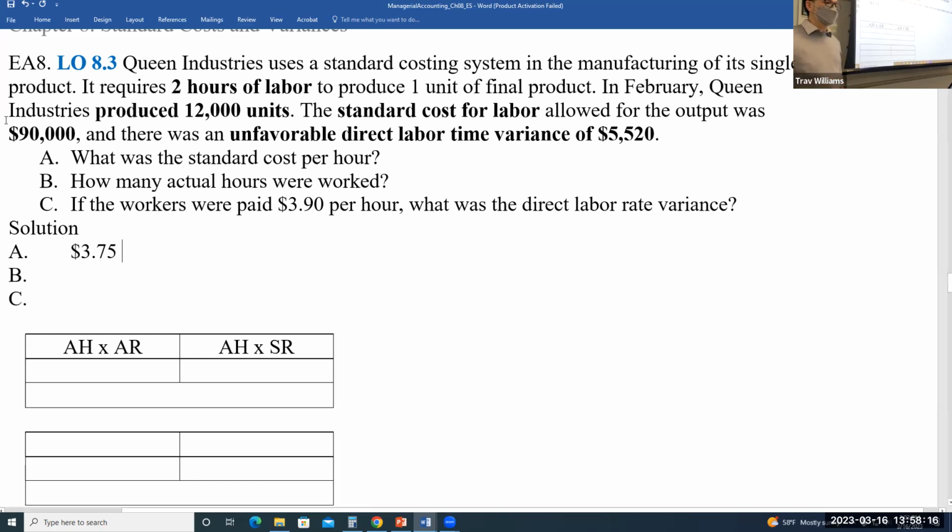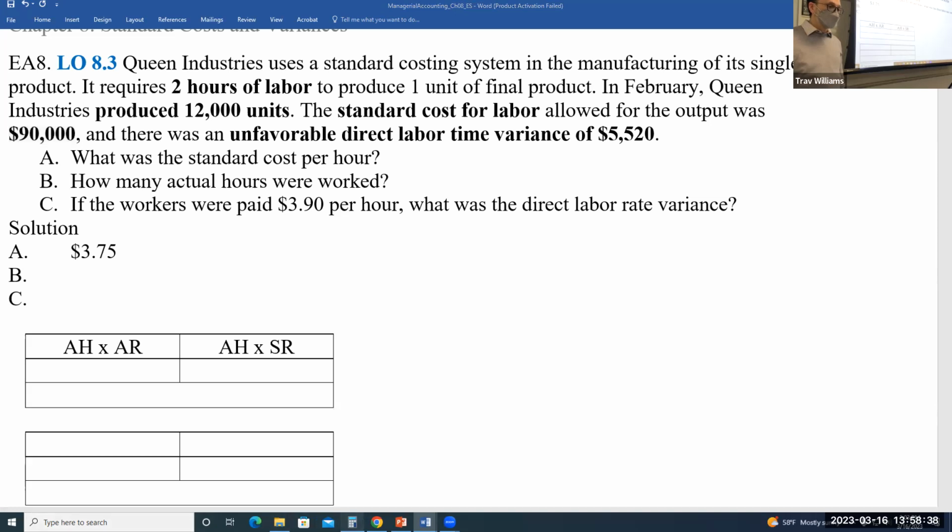If we take the standard labor cost of $90,000, okay, that's what it should have cost for that amount of production. And we know that there was a time variance, meaning we worked more than we were supposed to because it was unfavorable. So we'll add that unfavorable time variance.